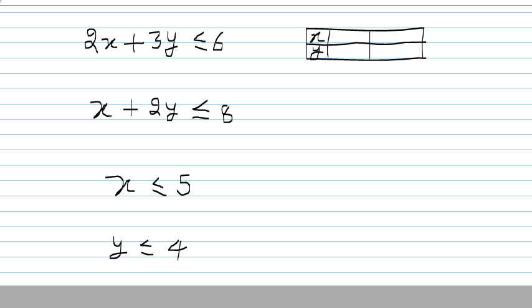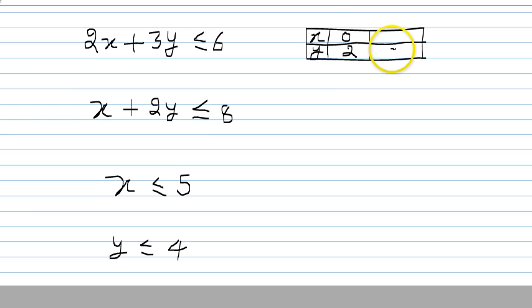You can choose any value of x or y to make the table, but the most convenient, I feel, is to put x as 0 one time. When I put x as 0, 0 multiplied by 2 is 0, so I'll be left with 3 times y equals 6, which gives me y as 2.